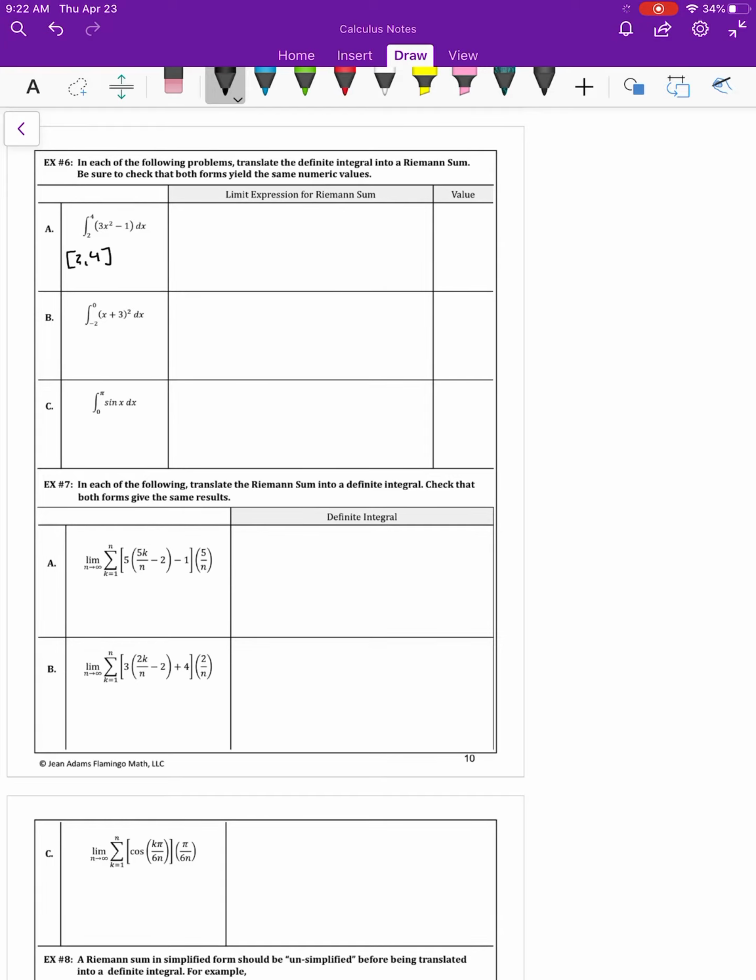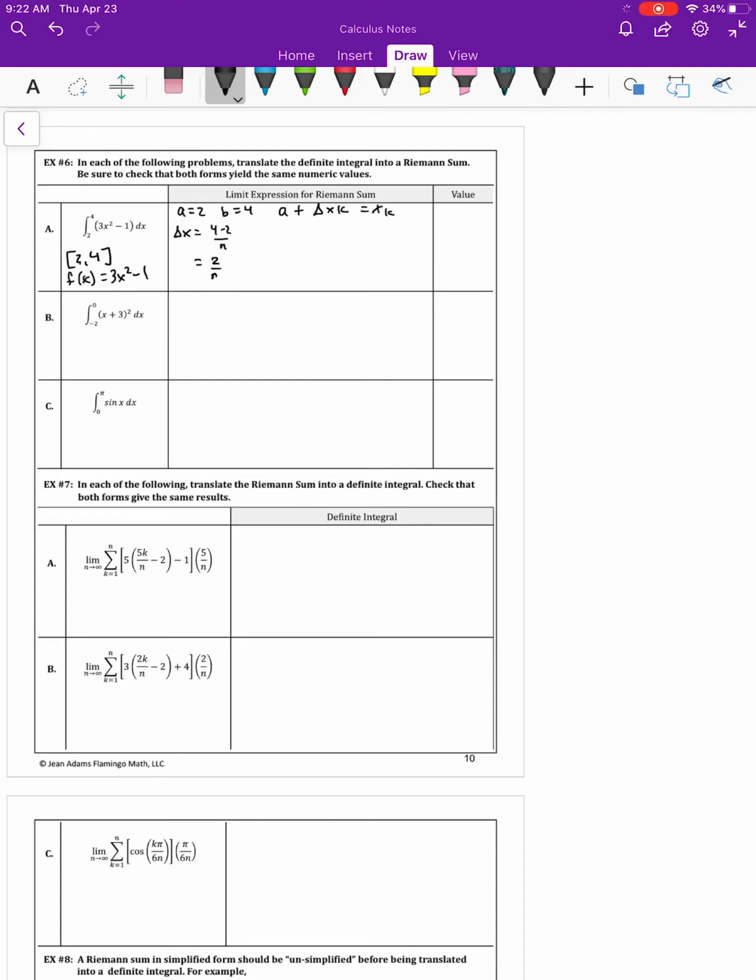Okay, example number 6. In each of the following problems, translate the definite integral into a Riemann sum. Be sure to check that both forms yield the same numeric values. So what we're going to do here is look, and our integral tells us what our a comma b is, our closed interval.